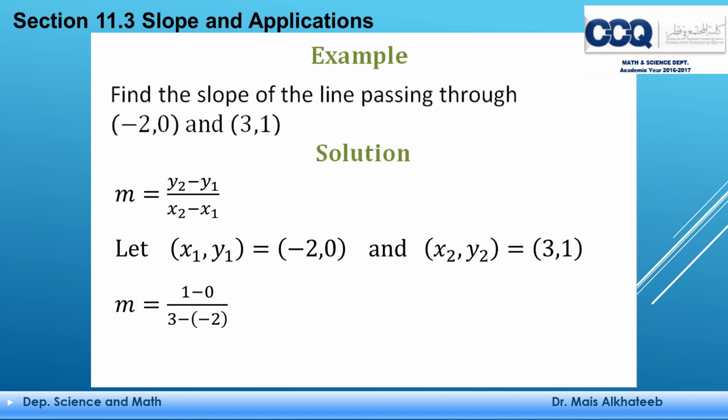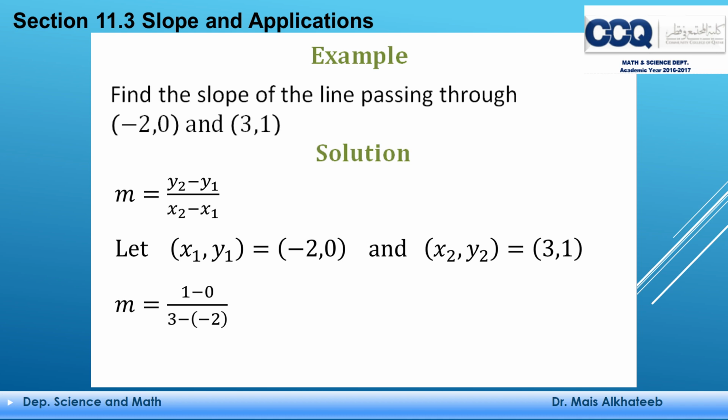The formula says y2 minus y1, so y2 is 1 minus y1 which is 0, so it will be 1 minus 0, over x2 minus x1, which will be 3 minus minus 2.